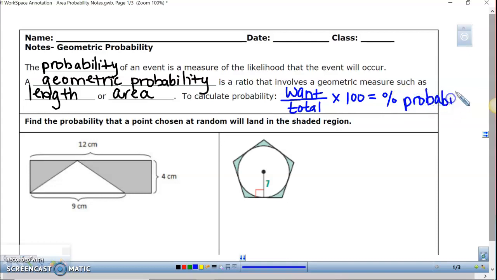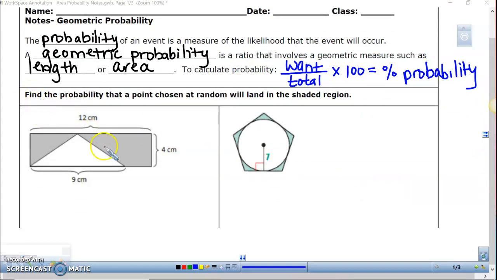Okay, so again, it's very important, and we're going to do some examples, that it's what you want out of the total that you have. So for these examples, find the probability that a point chosen at random will land in the shaded region. The shaded region is basically the area of what we want. So I kind of like to write out how we're going to approach this problem.